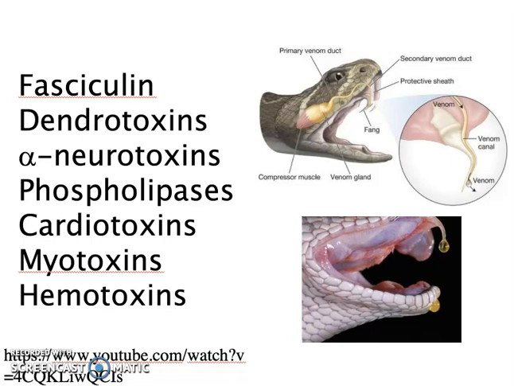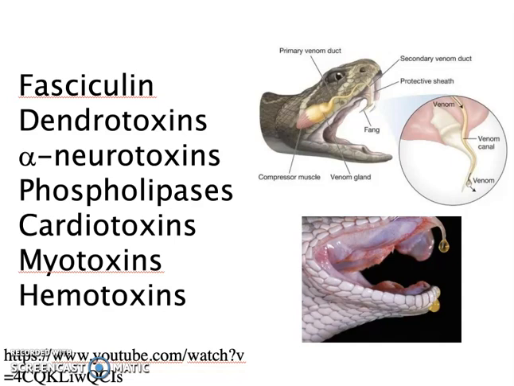Phospholipases are a different type of enzyme. These attack and destroy phospholipid molecules, which make up cell membranes in all cells. The phospholipases destroy phospholipids, thereby destroying cell membranes, which kills cells of the body.